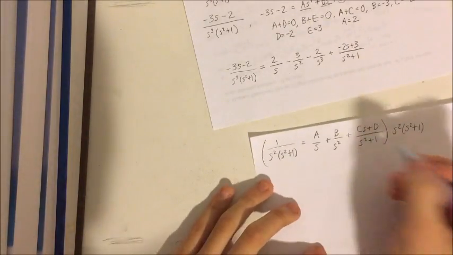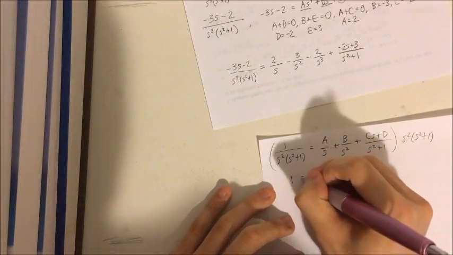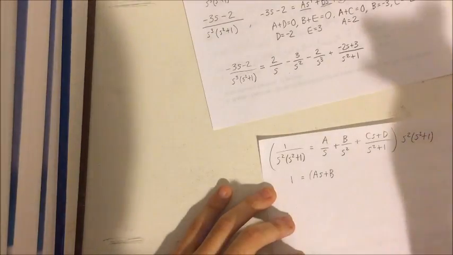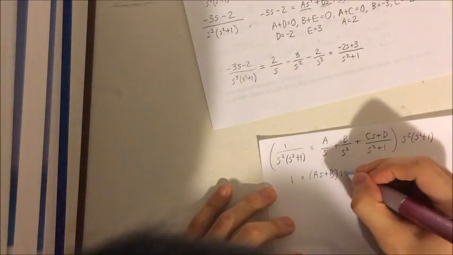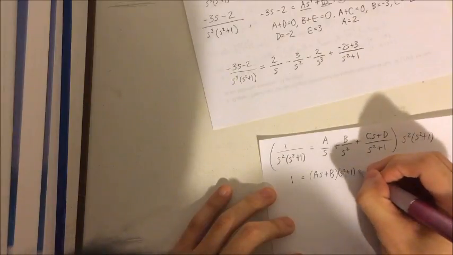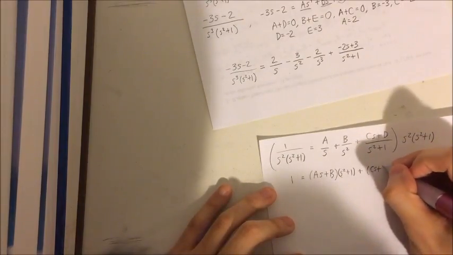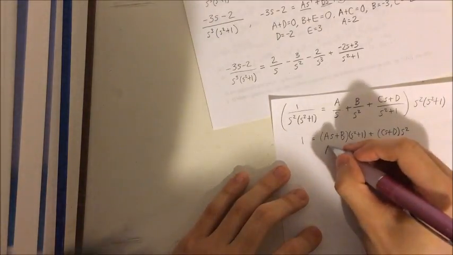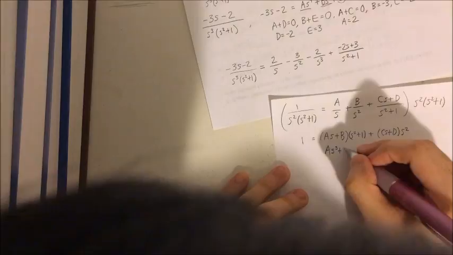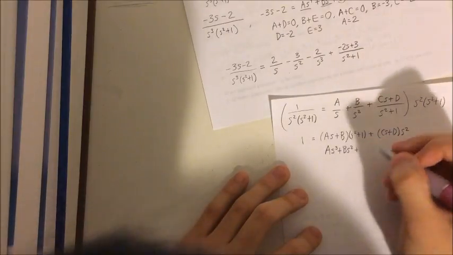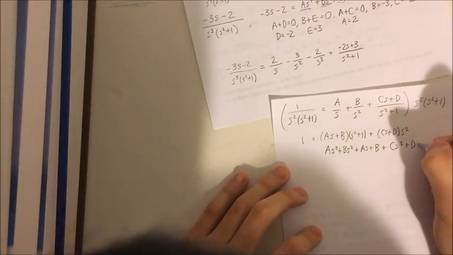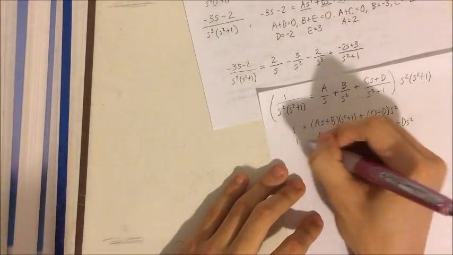Again, 1 is on the left, and on the right is going to be as cubed plus bs squared plus as plus b plus cs cubed plus ds squared, and this is going to have to equal 1.